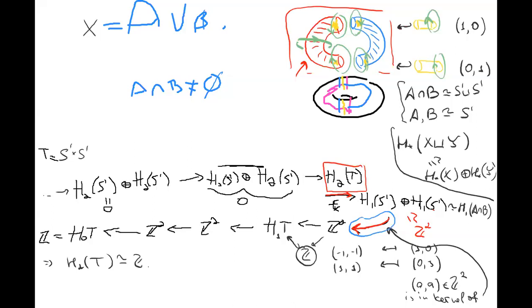Yeah. Okay, so we know that H1 of T is at least Z. So now we want to describe the kernel of this map.